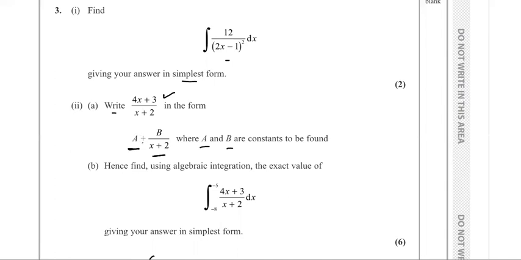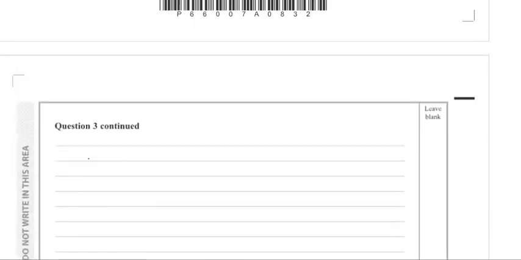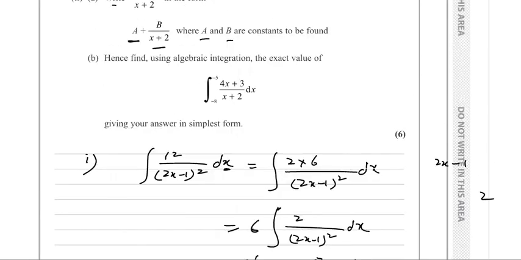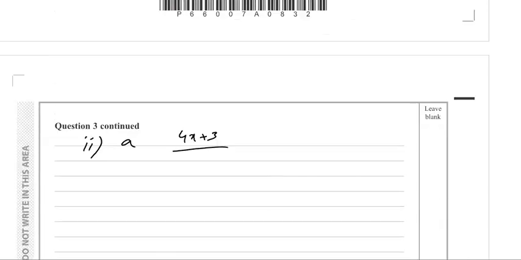So how do we make that one? Let's see. Number 2, part A, 4x plus 3 over x plus 2. First, this is improper, make it proper.